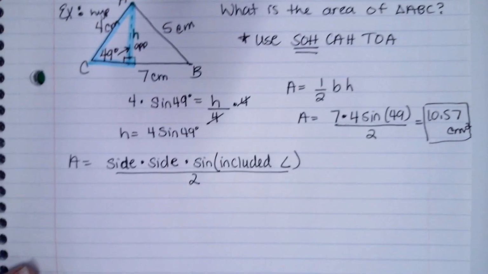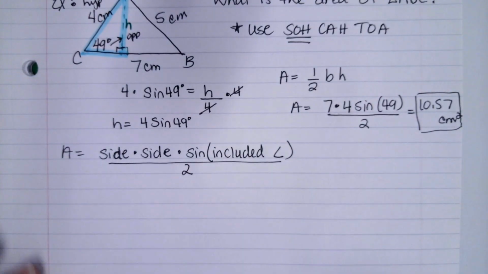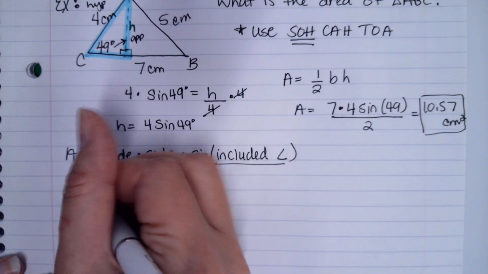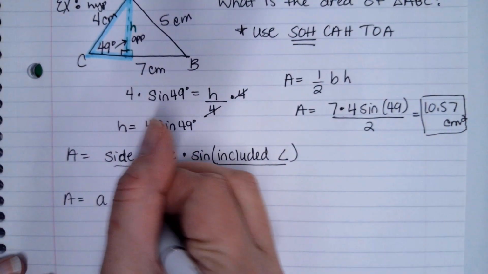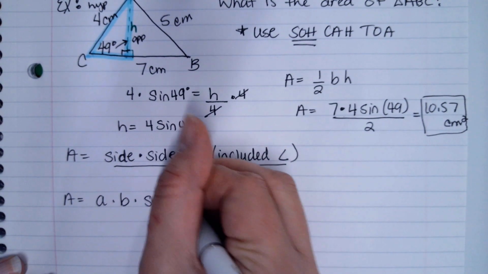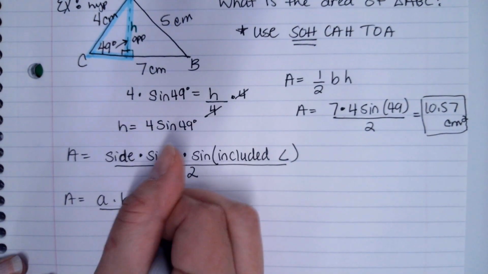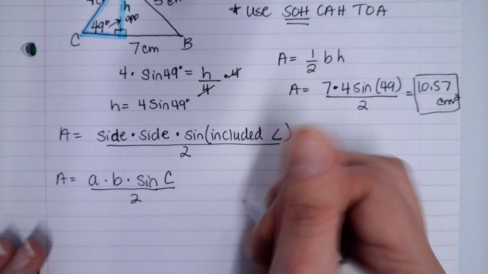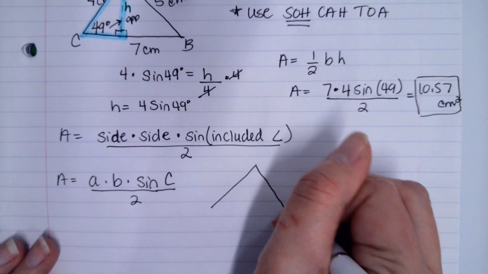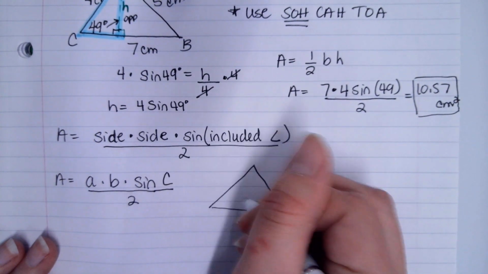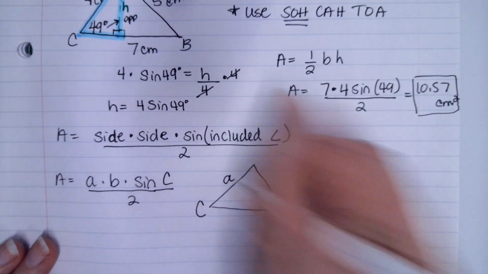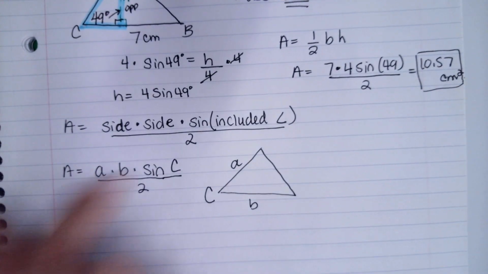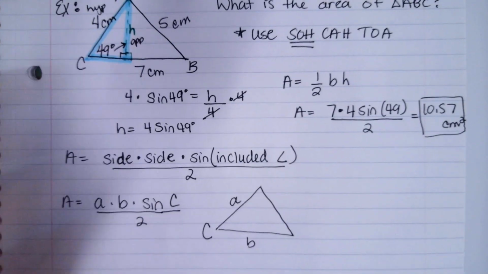Another way of writing it is area is equal to A times B times sine of C, all over 2, or 1/2 of that. That's where my angle is C and my two sides are A and B, if that makes sense. So that's the formula, and that was how we derived it.